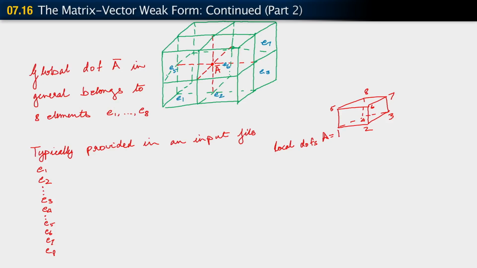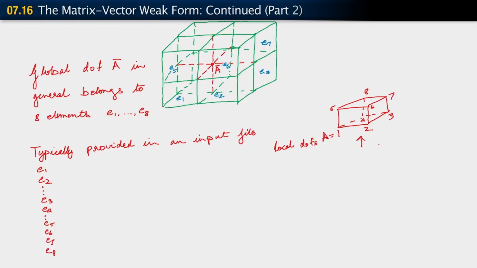All right. Now, with this setting, let's look at element E1 as drawn here, and ask ourselves the question, what is the position of global degree of freedom A bar relative to element E1? Following the local degree of freedom numbering that I have here, it appears to me that A bar is local degree of freedom 7.